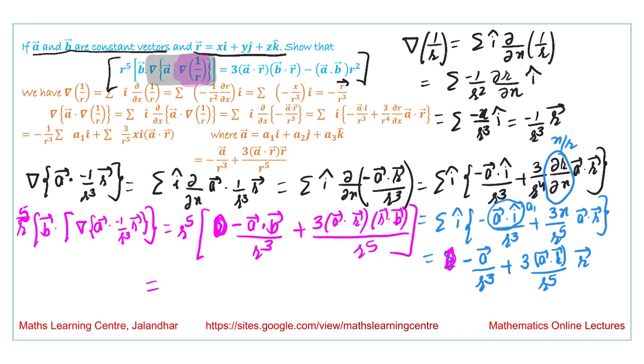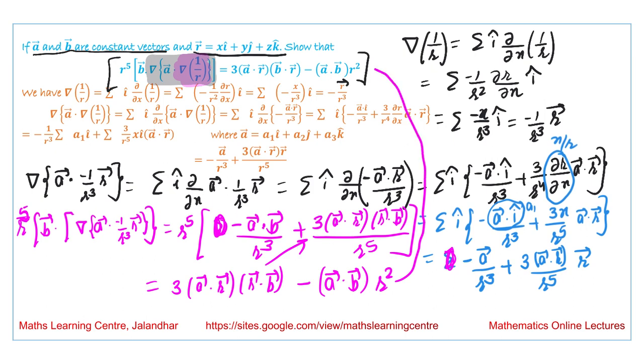So this is equal to 3 times a vector dot r vector into r vector dot b vector, this term r raised to the power 5 gets cancelled, minus a vector dot b vector into r square, and this is what we have to prove.